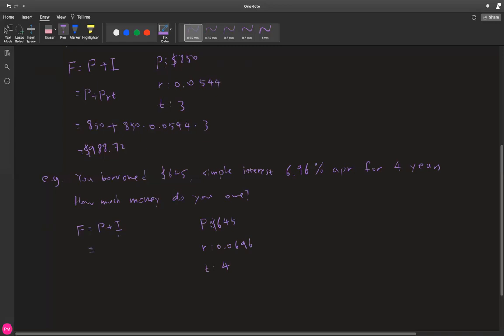Then since we know the formula for the interest is given as PRT, you're simply plugging in everything. So you get 645 plus 645 multiplied by 0.0696 multiplied by 4.